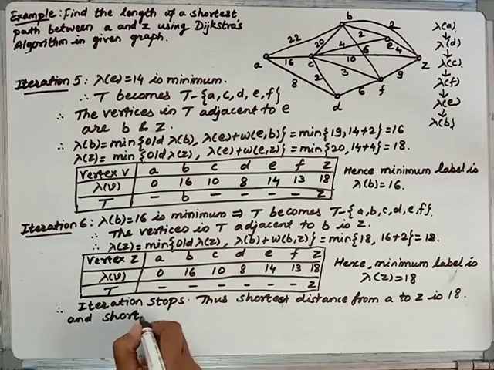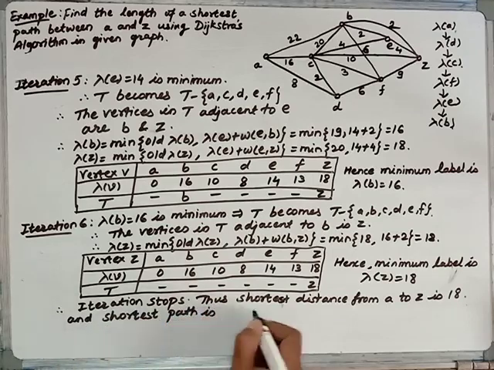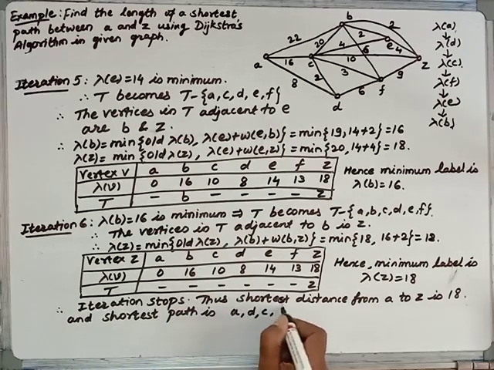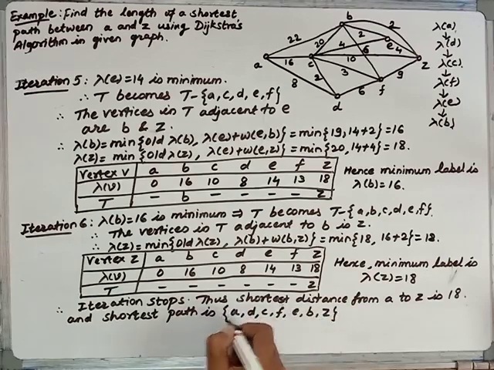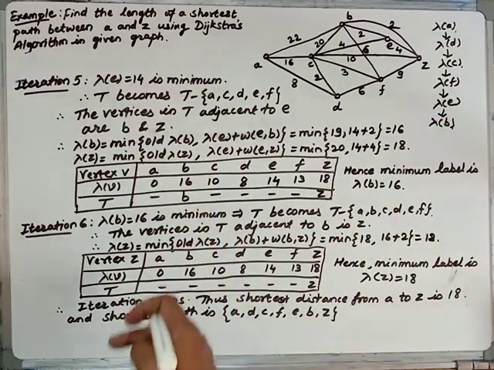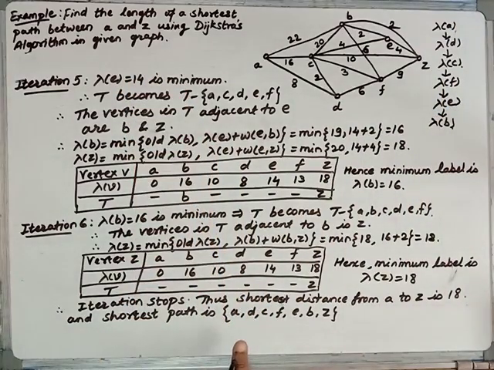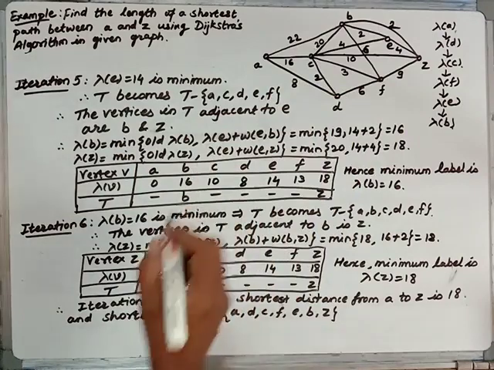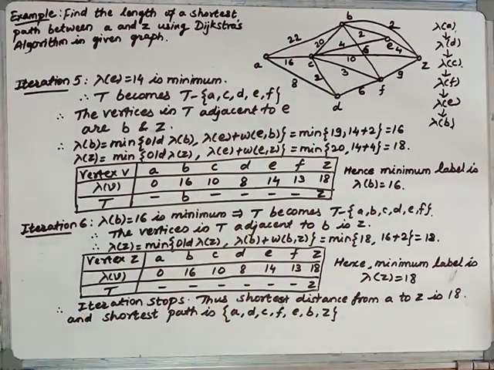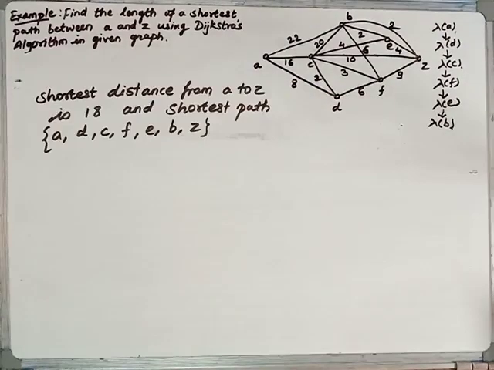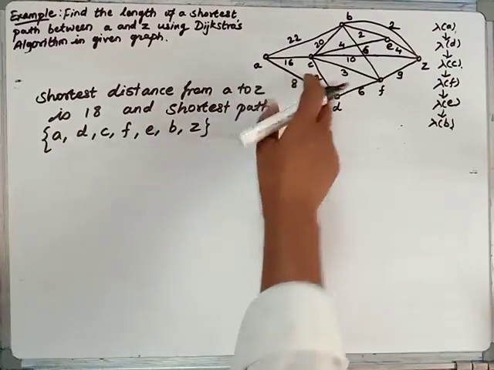And shortest path is A, D, C, F, E, B and then Z. Remember this one. According to iterations we will write A, D, C, F, E, B and Z. So let's draw the path now. Here that path is this, so let's draw it.